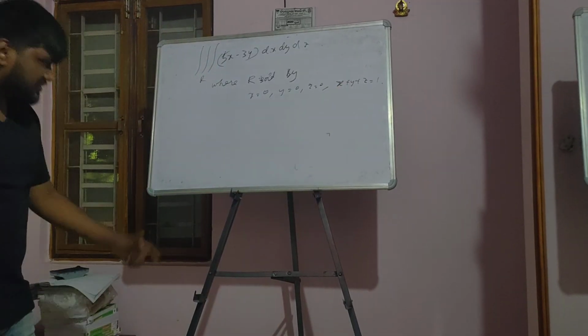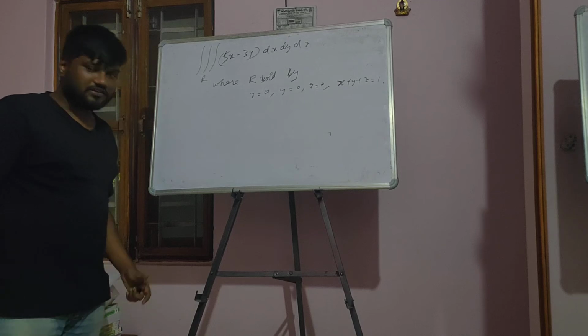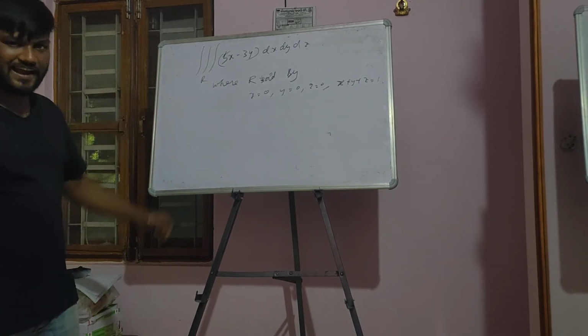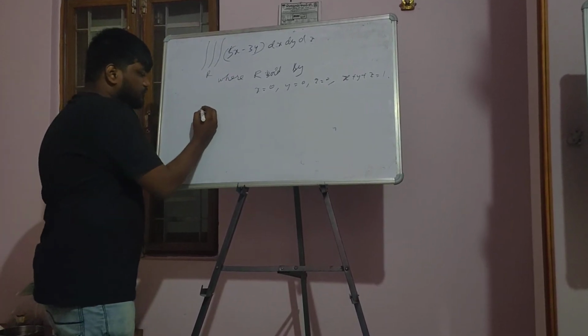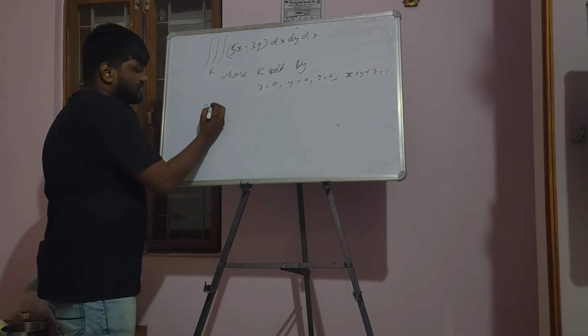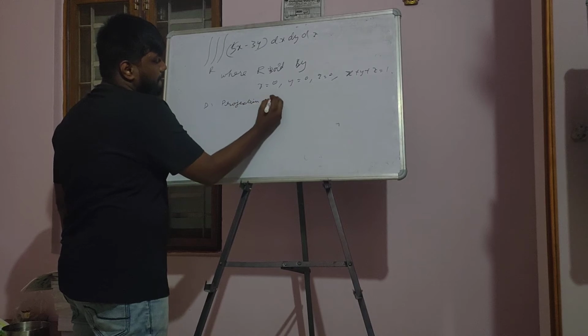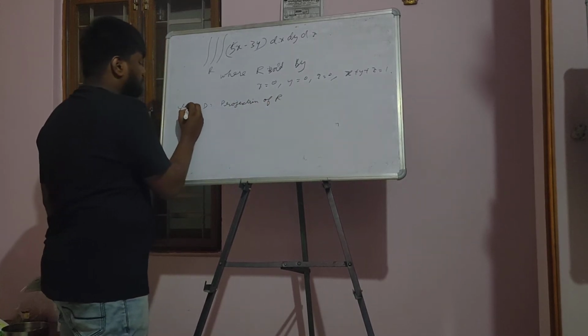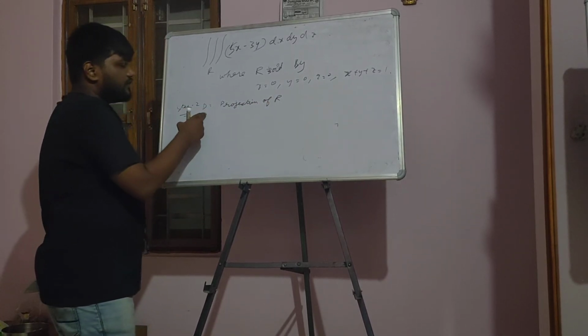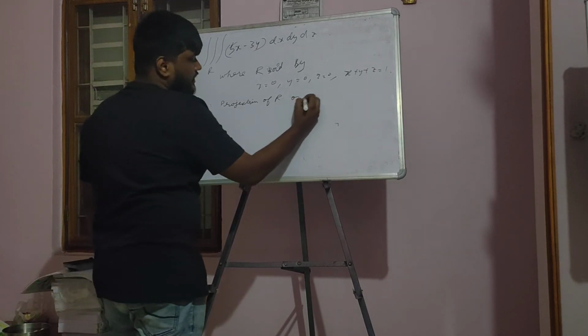but this time, as I said in the last problem, the way I did it, I just projected onto the region D, which is the projection of R on the xy plane. This was step 2.